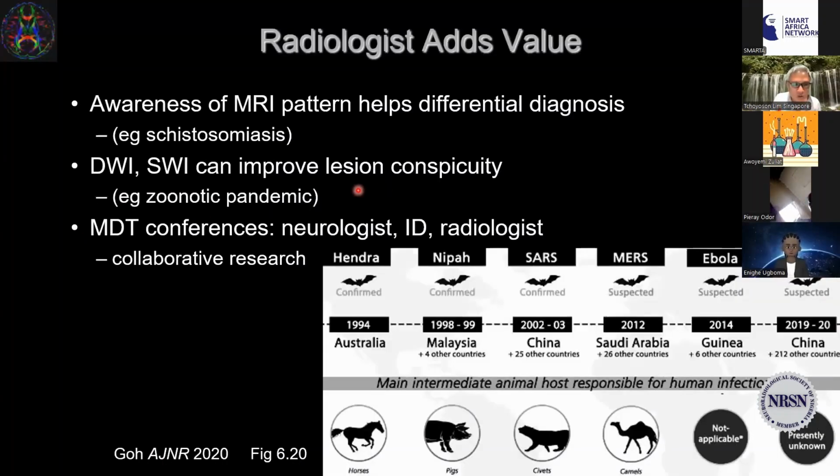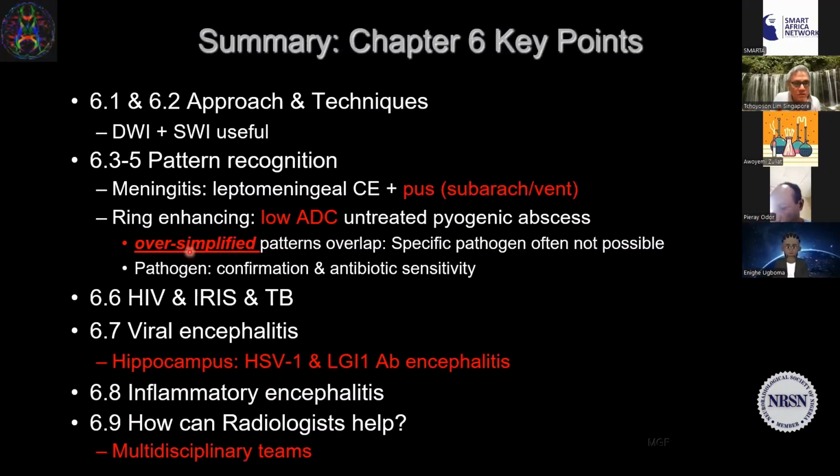We need to be aware of the MRI patterns and the differential diagnosis, such as the mimic of schistosomiasis for brain tumor. We can use DWI and SWI at the MDT conferences. So in summary, I will go through this again. We use techniques. We use our understanding of pattern recognition.